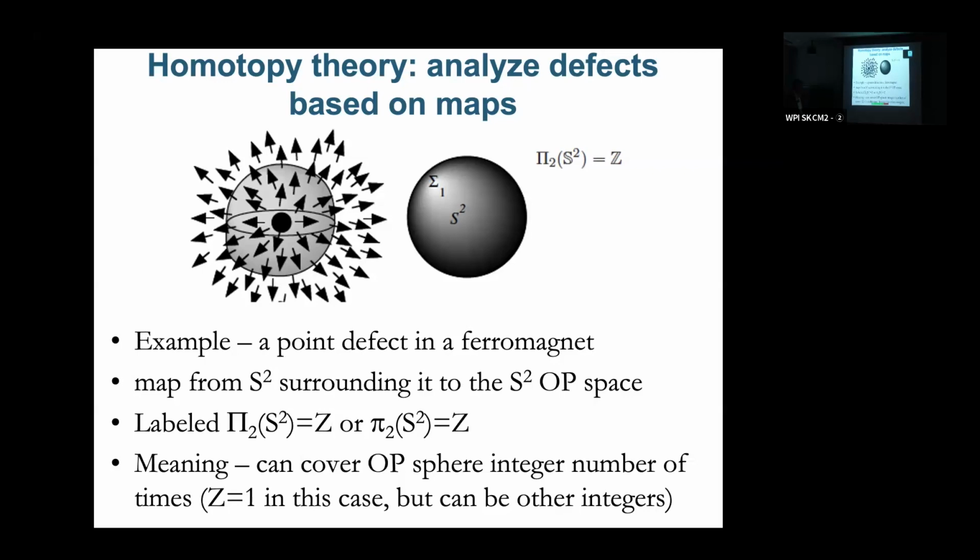The labeling of these homotopy groups is sometimes capital pi or small pi. It just depends on preferences, and we will use both interchangeably. They denote the same thing.